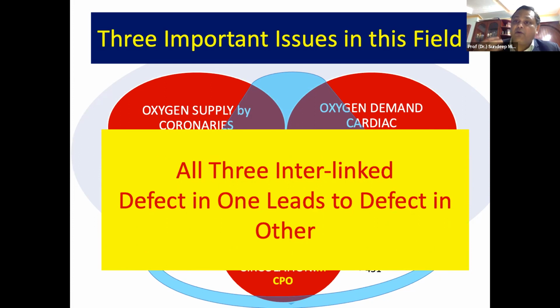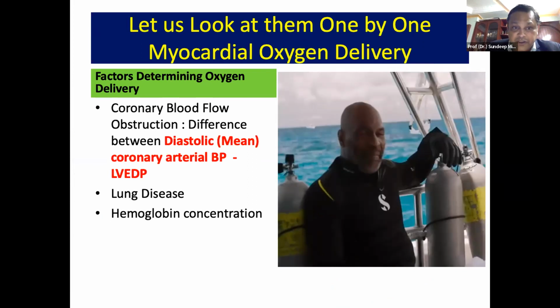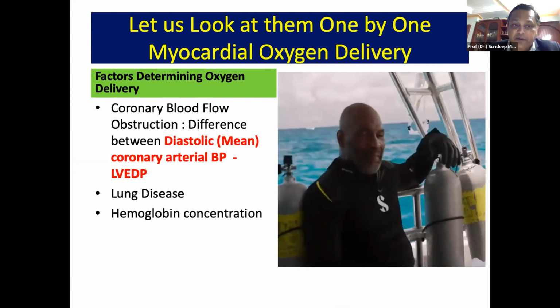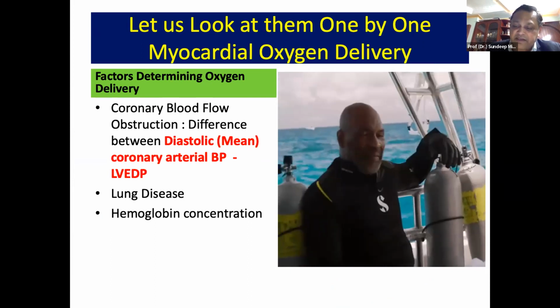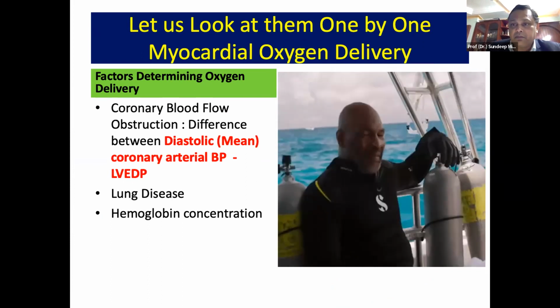And finally, what is the cardiac power output generated by the heart. So these things are very important. Coming to myocardial oxygen delivery, I already told you it is diastolic coronary blood pressure minus LV end-diastolic pressure, and that can also be impacted by lung disease and hemoglobin concentration because that is responsible for the oxygen part.